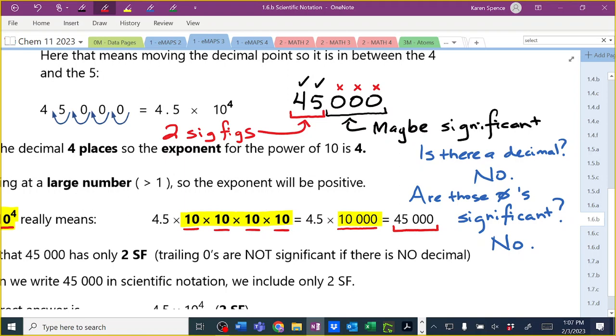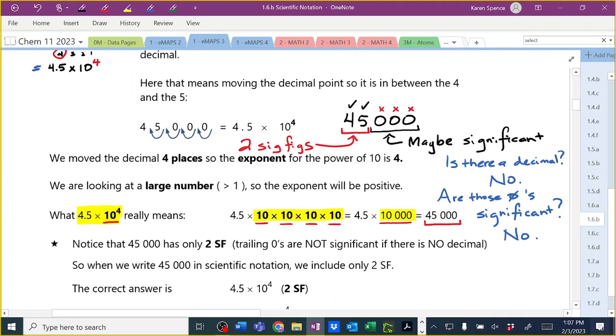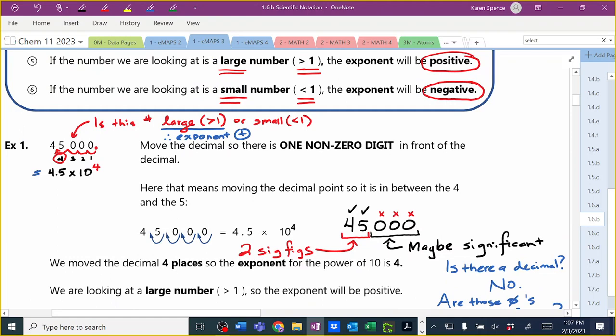And that means when you write your number, even though it could be really tempting, right? We moved our decimal place 1, 2, 3, 4 places over. It would be really tempting to write it as 4.5000.